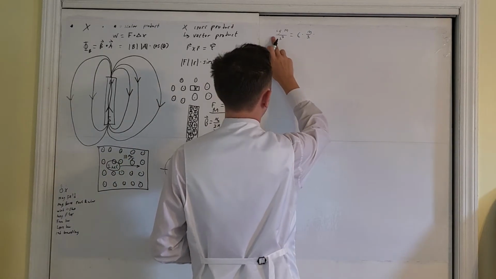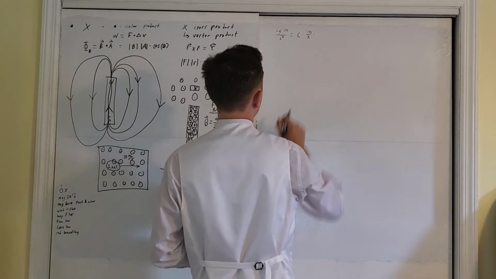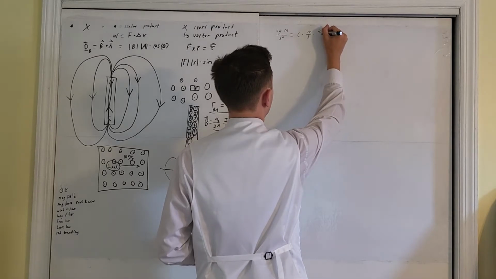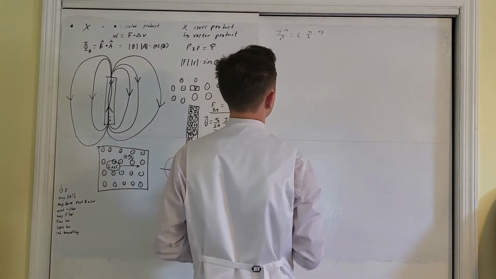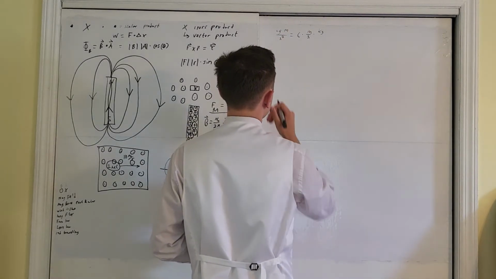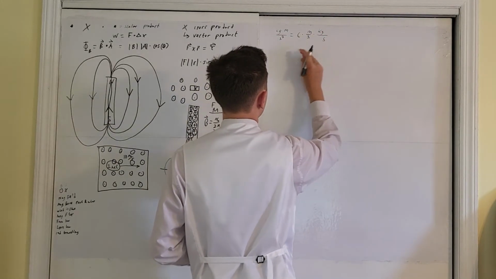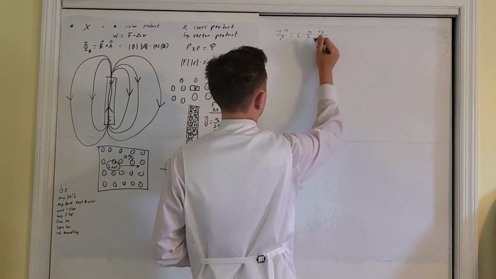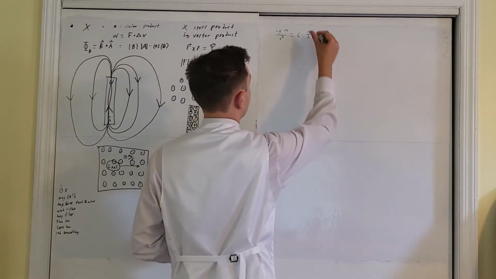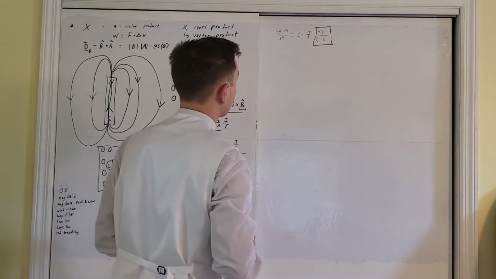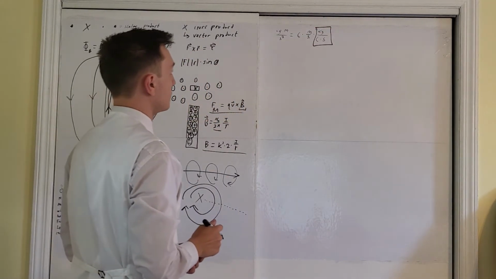We have kilograms present on the left side and no kilograms present on the right, so the B field needs to have units of kilograms. Meters are present on both sides. We need to have another seconds in our denominator, and we need to cancel out the coulombs. So these are the units for our B field. Kilograms per coulomb second.